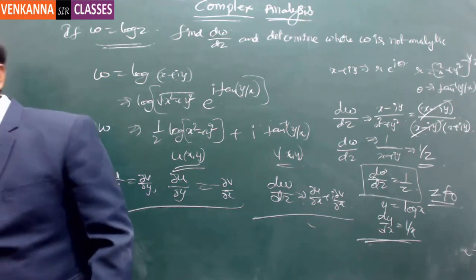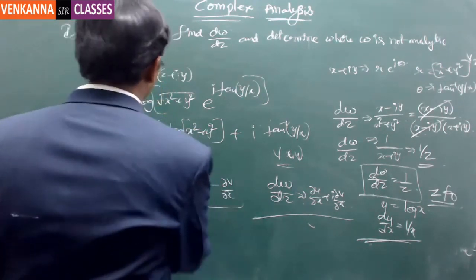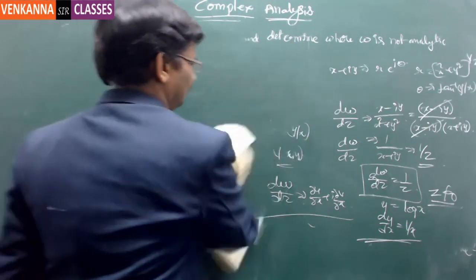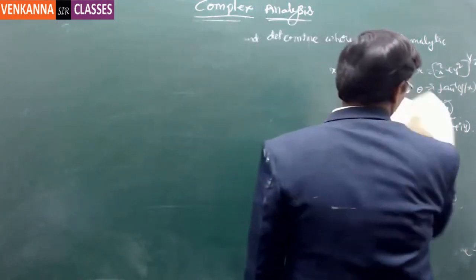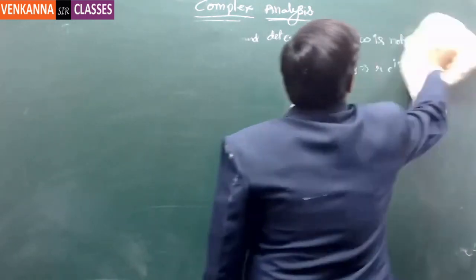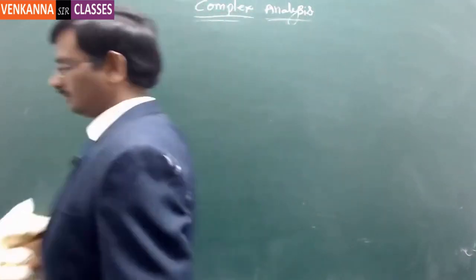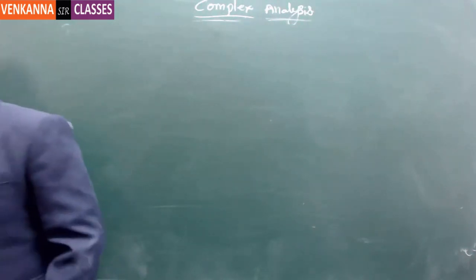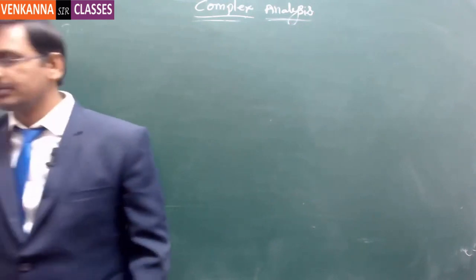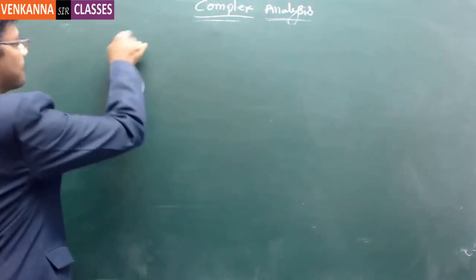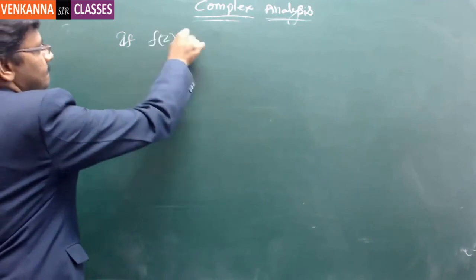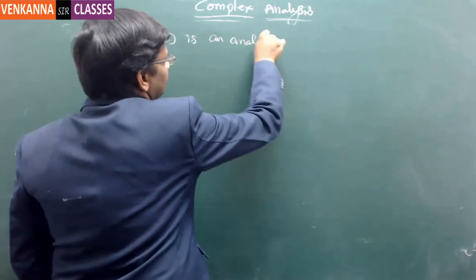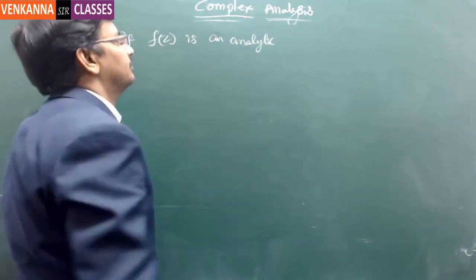Note down one more. If f of z is an analytic function with constant modulus, now actually this is an analytic function, that means CR equations are already satisfied.